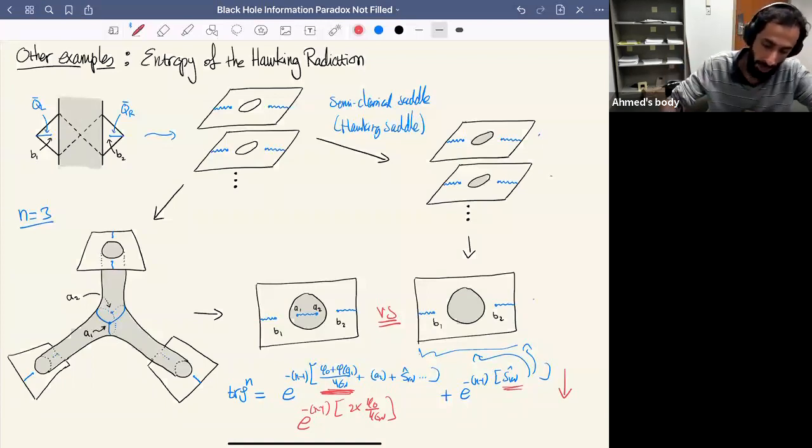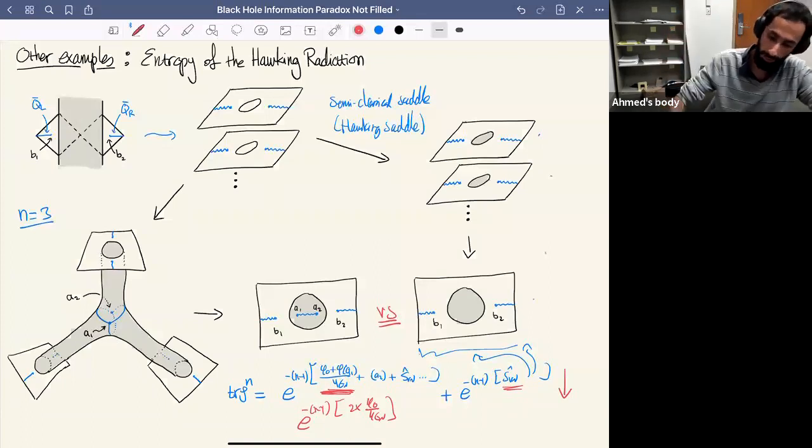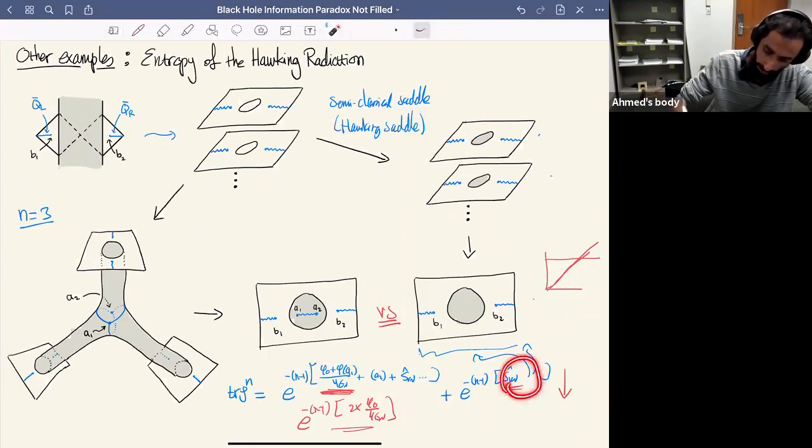The entanglement between the Hawking radiation and the interior of the wormhole continues to grow, using that line we were drawing before. But this answer here is just constant, though a very large constant. Nevertheless, it's a constant, and so eventually this term beats it, as in the exponent here eventually becomes larger than this exponent.